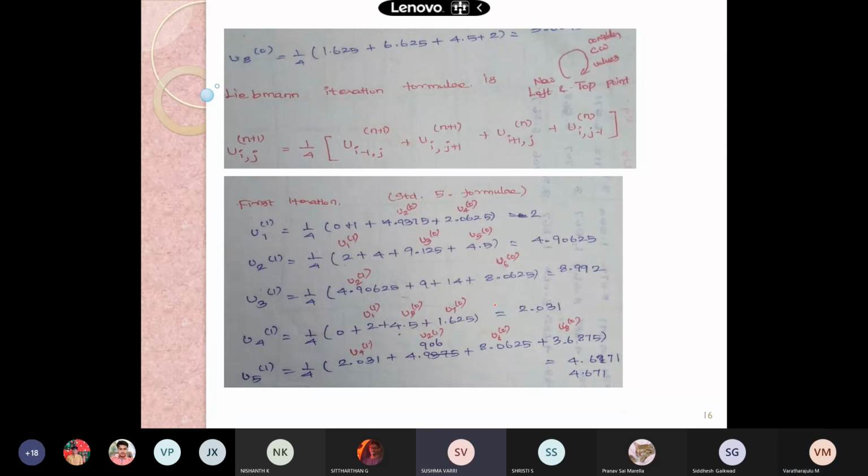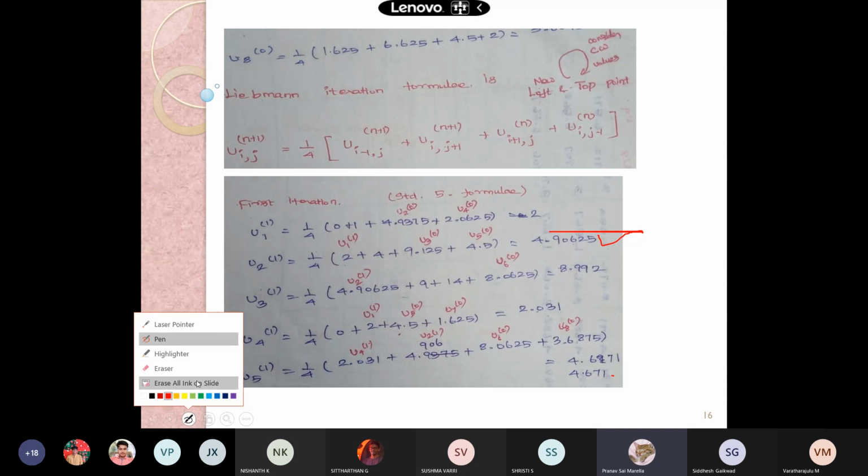Yes, U5. I'm calculating, sir. Pranav, is U2 correct? Yes, sir, U2 is correct. I took 4 digits, so it came as 4.9063, but here it's 5 digits. That's all. Okay, fine.